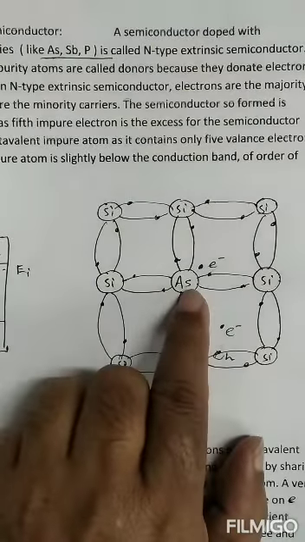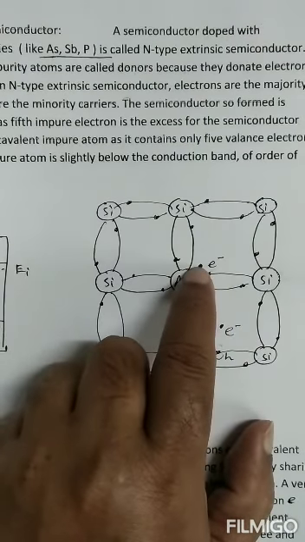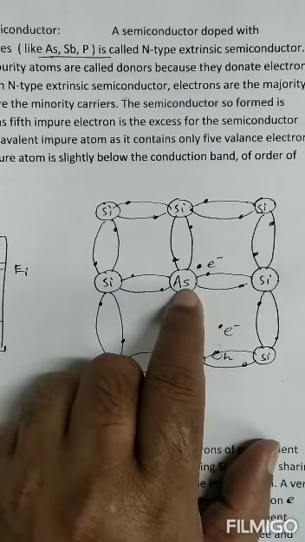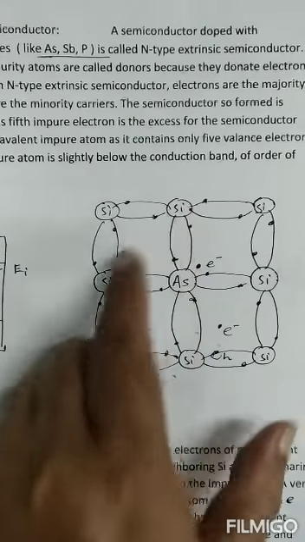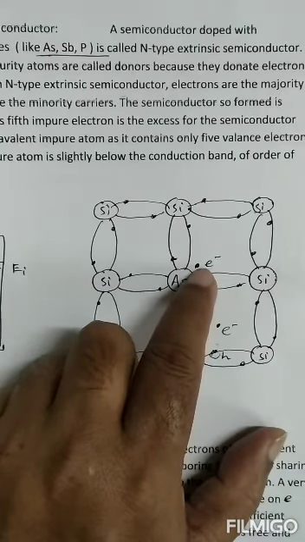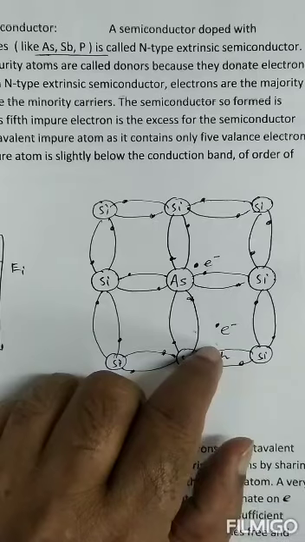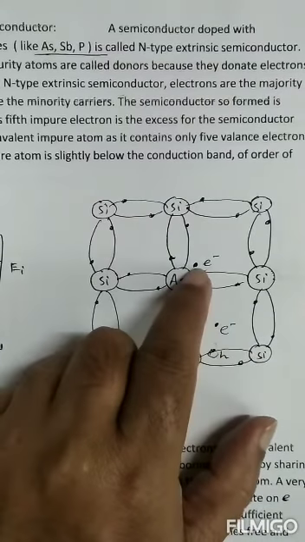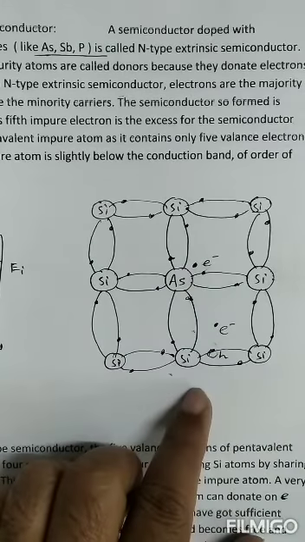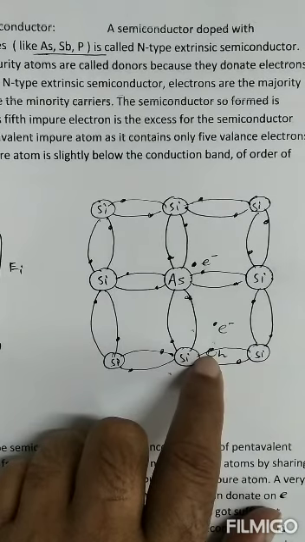Have you seen it? This is the arsenic atom. It has 5 valence electrons: 1, 2, 3, 4 and this is the fifth. Four valence electrons out of 5 make 4 covalent bonds with the 4 neighboring silicon atoms. The fifth valence electron remains loosely bound to the arsenic. Therefore, by receiving a very small amount of energy, this electron becomes free from the covalent bond.